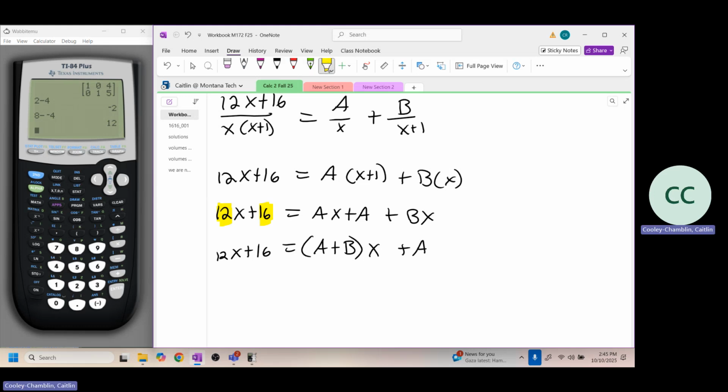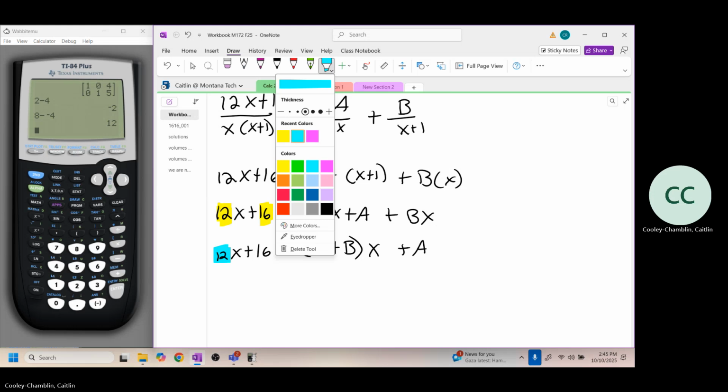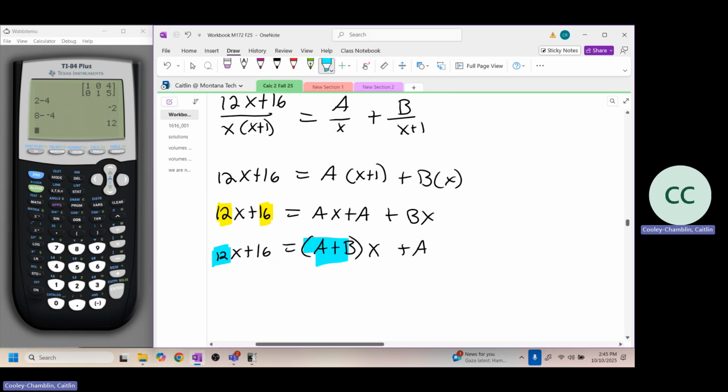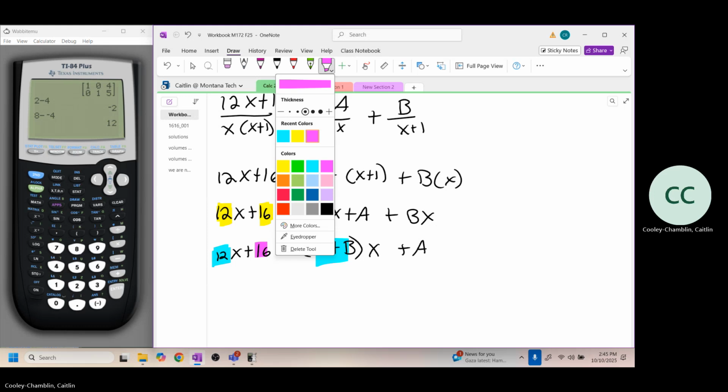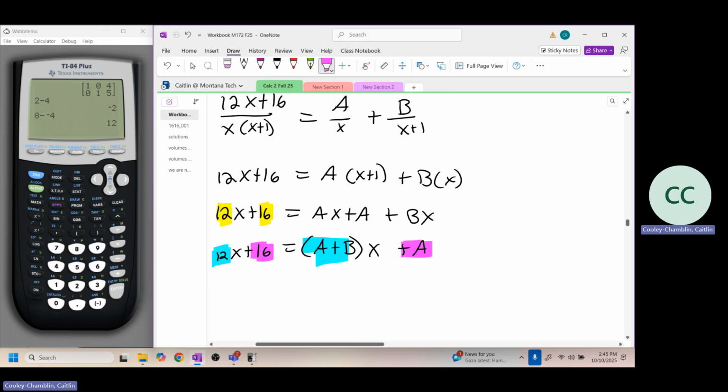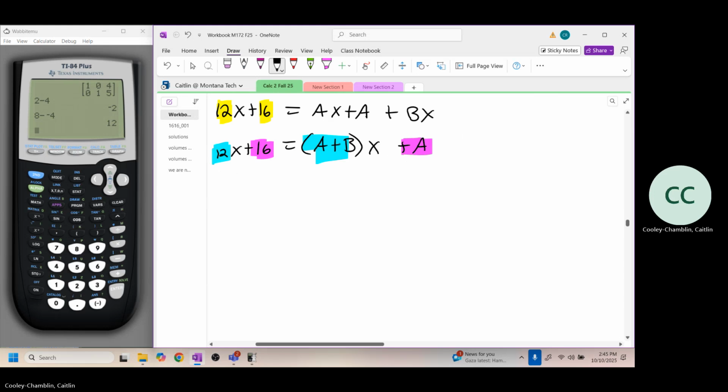This is where I get my systems of equations from. I get 12 is a plus b, and 16 is just a. So we have 12 equals a plus b, and 16 equals a.